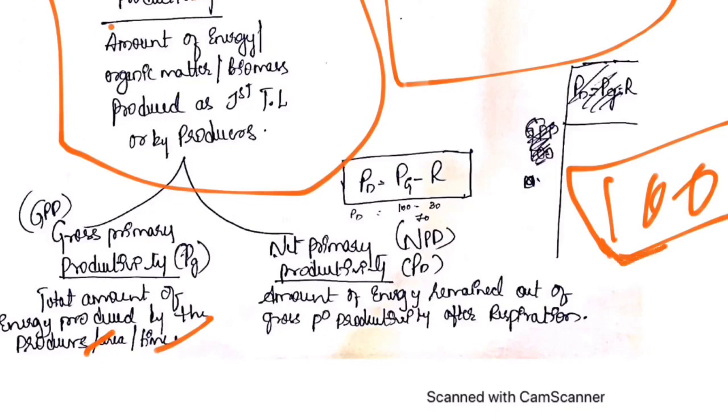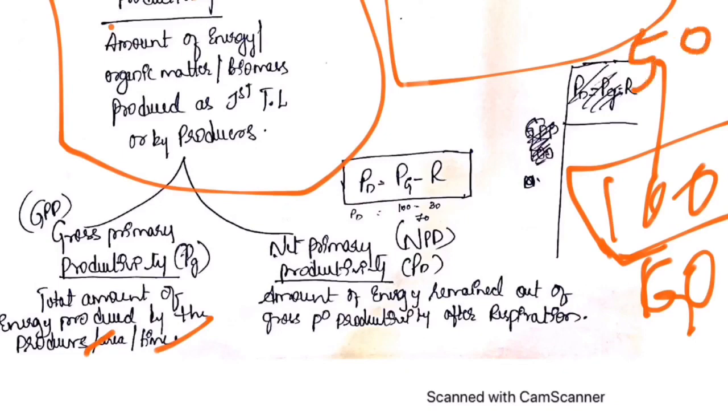So 100 is the gross primary productivity of the producers. Now, out of this 100 kilocalories, the plant takes around 50 to 60 kilocalories for maintenance of its body and structure, or in simple terms, respiration.